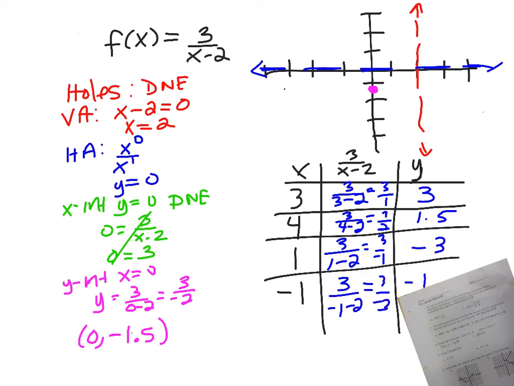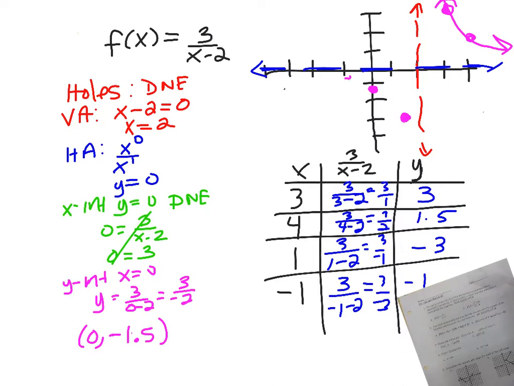All right, so I have 3, 3. 4 is 1.5. So you could see it's coming down here. Sorry, I went a little off the graph here. So just make sure you put your arrow, and there should be an arrow up there. And then we have 1 is -3. So you could see it's coming down towards the asymptote.